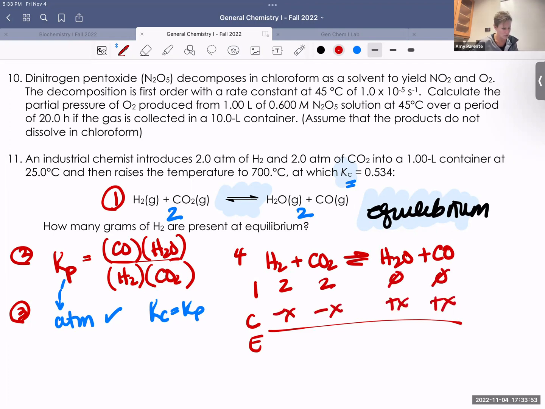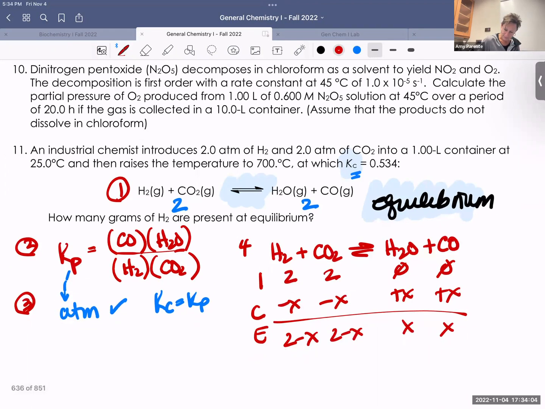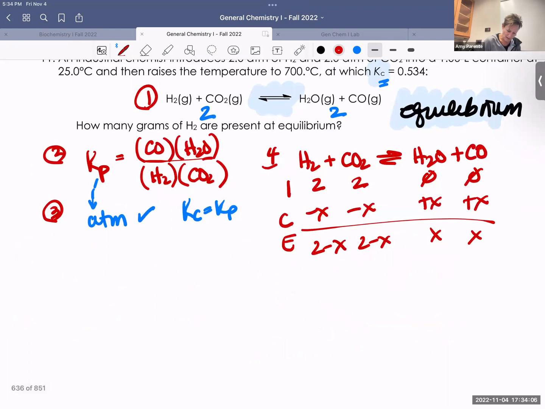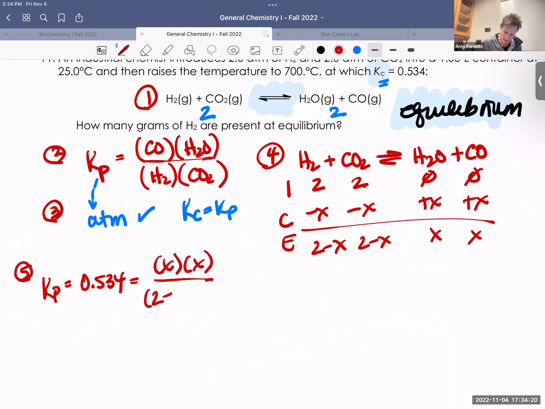All our stoichiometry is nice and simple. Okay. Solving for x. Solving for x is always going to be putting in our Kp value, 0.534. So my CO and my H2O are both x. And then I've got 2 minus x and 2 minus x.